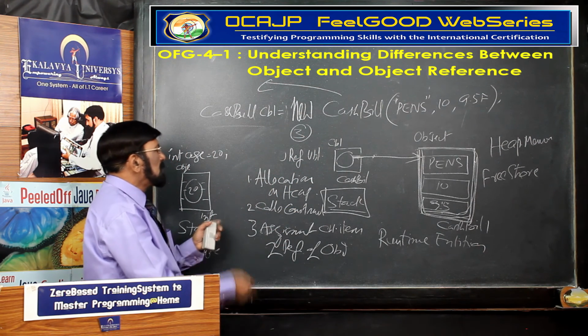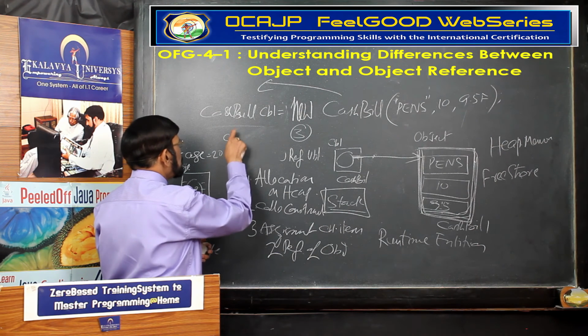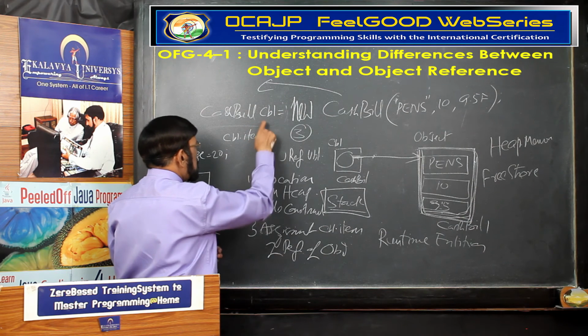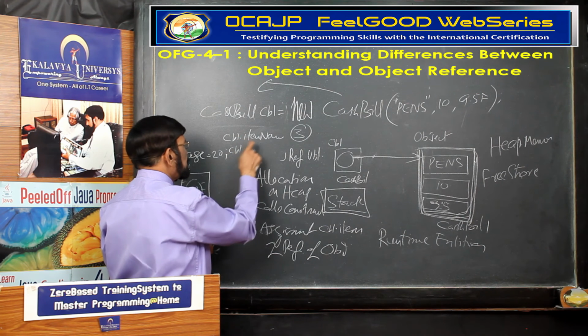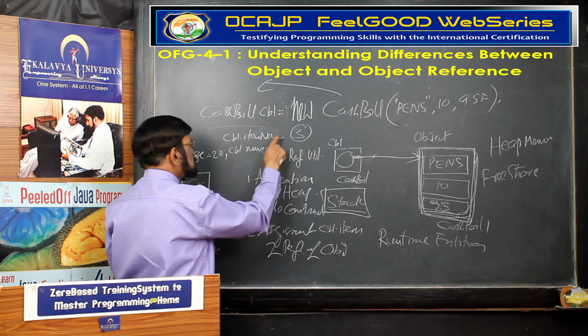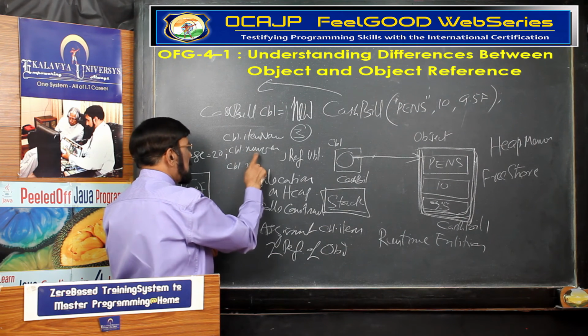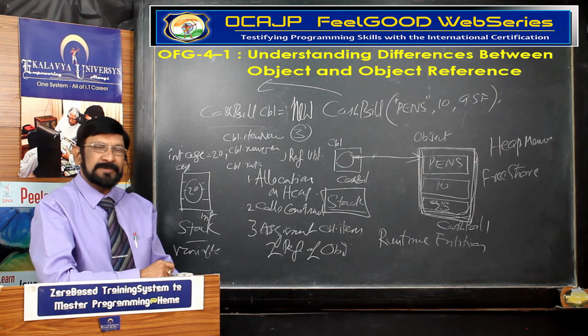Suppose you want pens, which code do you write? CV1 item name. That's it. Thereafter, CV1 numbers, 10 can be retrieved. CV1 rate, 9.5 can be retrieved. These facts you must understand.